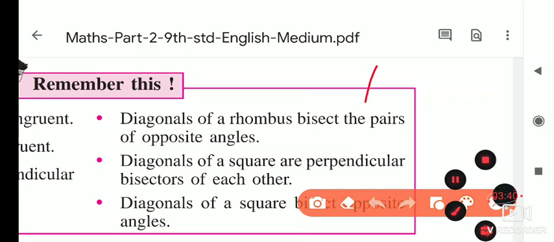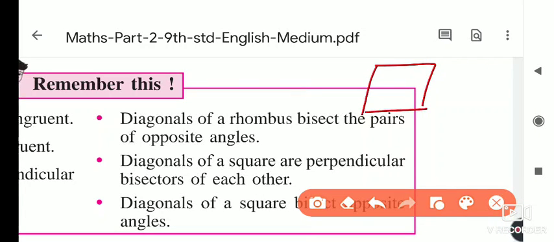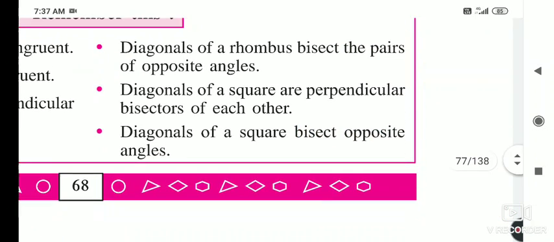Suppose this is our rhombus, its name is A, B, C, D, and here it is O. The diagonals AC and BD bisect the opposite angles, meaning angle DAC and this angle are congruent to each other, and ADB is congruent to CDB, then DCA is congruent to ACB, CBD is congruent to DBA. In that way they bisect the opposite angles.